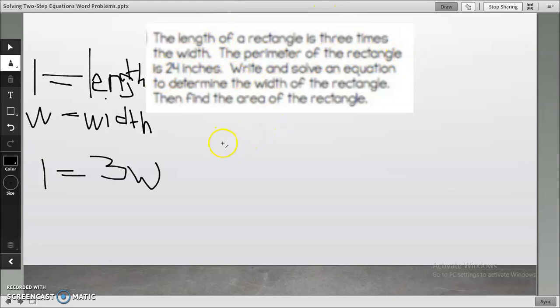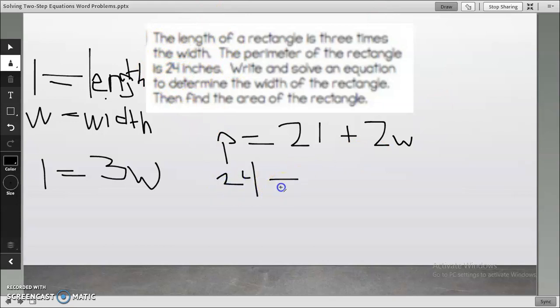So we know the perimeter of a rectangle is equal to 2 times the length plus 2 times the width, right? Well, these are way too many variables. We need to plug in things that we already know. So for example, we know perimeter is 24. So I'm going to say here 24 is equal to 2 times the length. Let's keep it in terms of W instead.